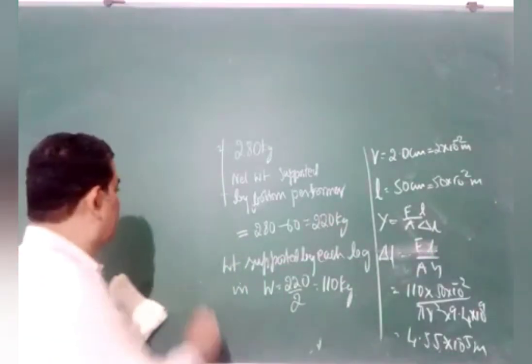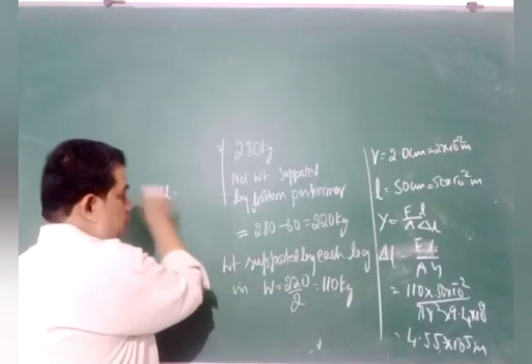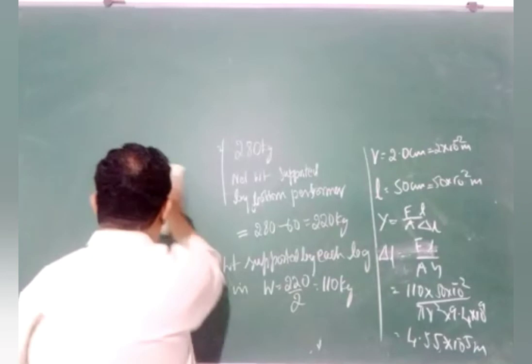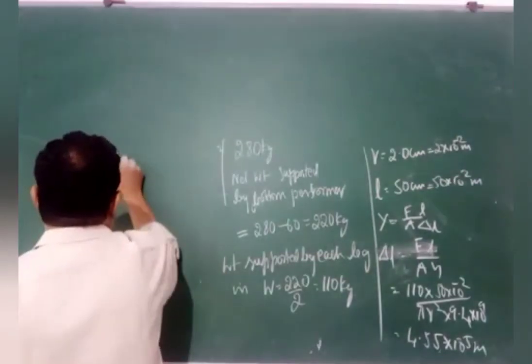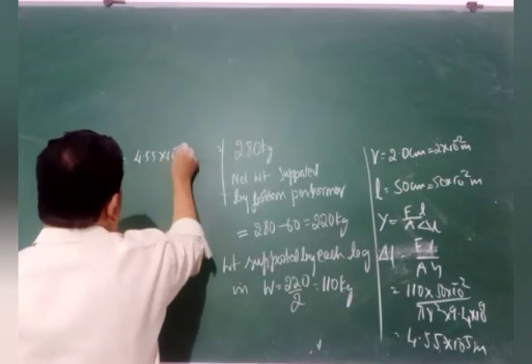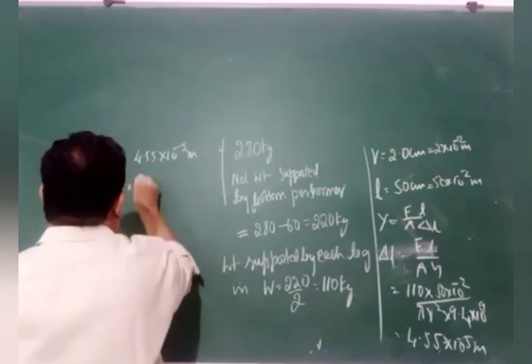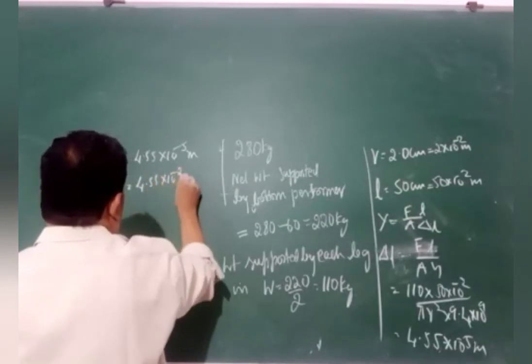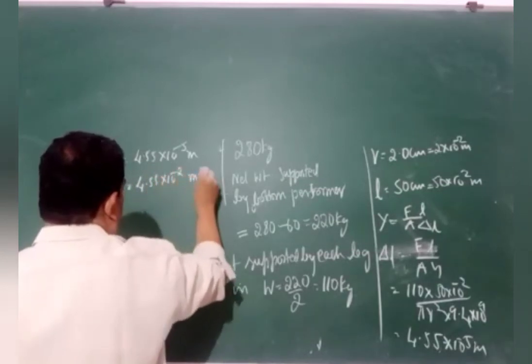So that is delta L. If you have written this, I write it on this. Delta L is 4.55 into 10 raised to minus 5 meter. Or if you write it in millimeter, 4.55 into 10 raised to minus 2 millimeter.